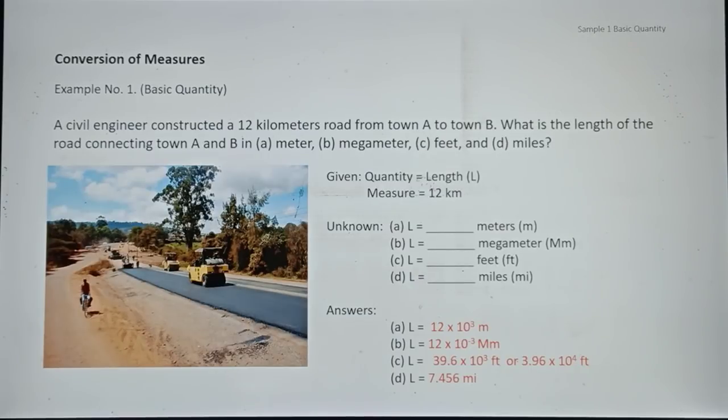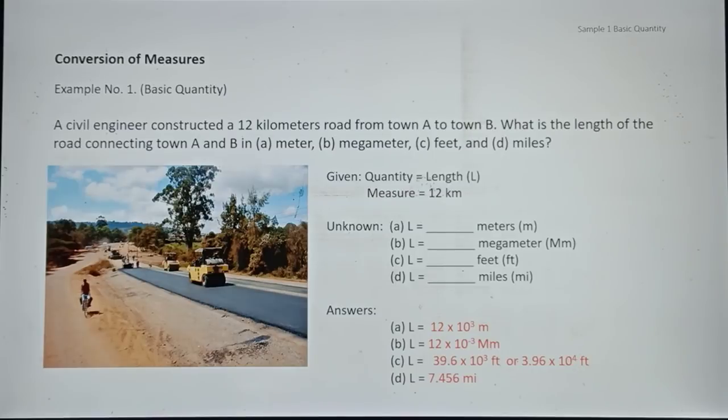So in this problem, the answers are A. Length equals 12 times 10 raised to the third power meters. B. Length equals 12 times 10 raised to negative 3 megameters. C. Length equals 3.96 times 10 raised to the fourth power feet. And D. The length is 7.456 miles. Now, what do these values of lengths mean?